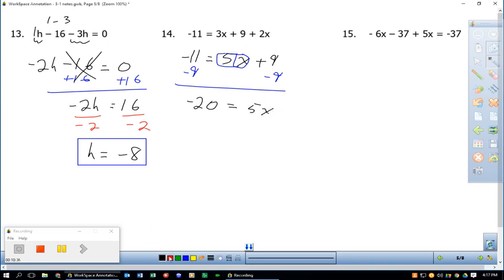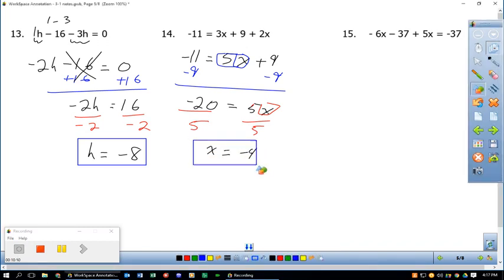So dividing by 5, want x by itself, divide by 5. We should get x equals -4. Let's see, that's -20 plus 9, yep, -11.